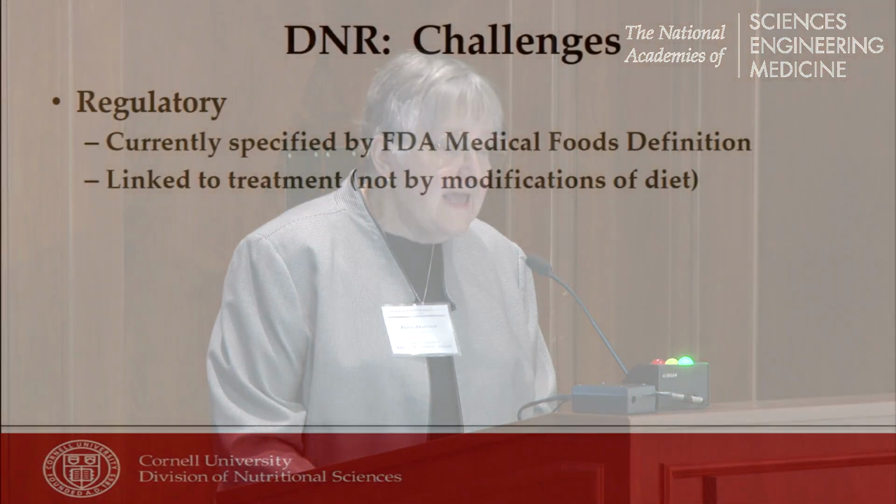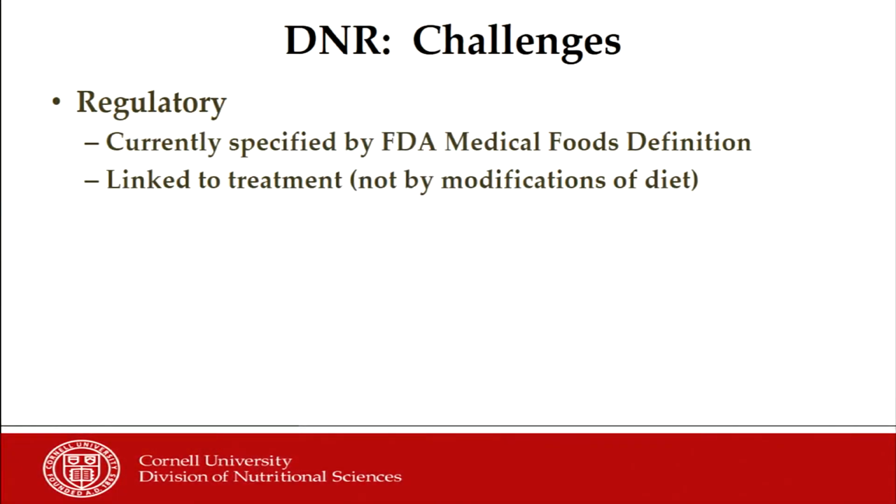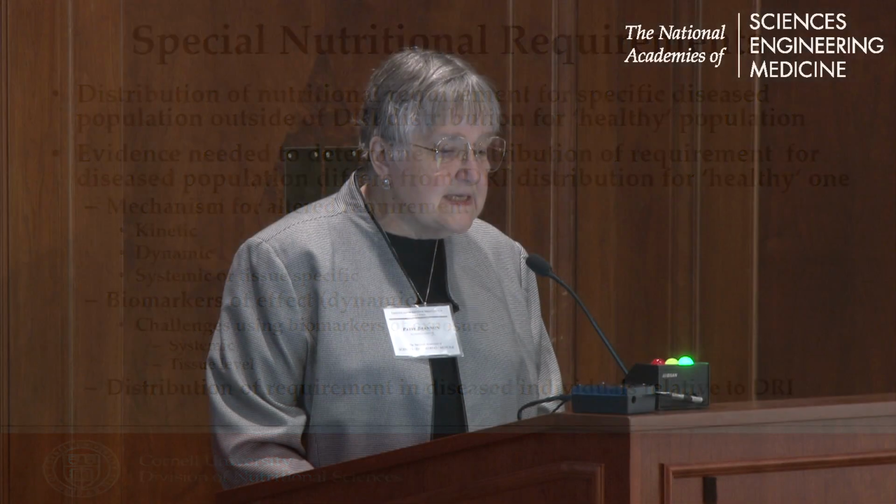So when we come to distinctive nutritional challenges, one of the challenges I think is regulatory, in that it's currently included in the definition of medical foods. So it's linked to treatment, and not by modification of the diet. I understand that definition, but it brings us to how we've evolved to considering special nutritional requirements.